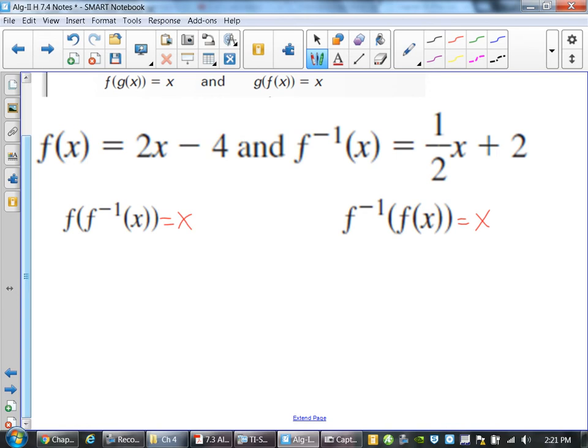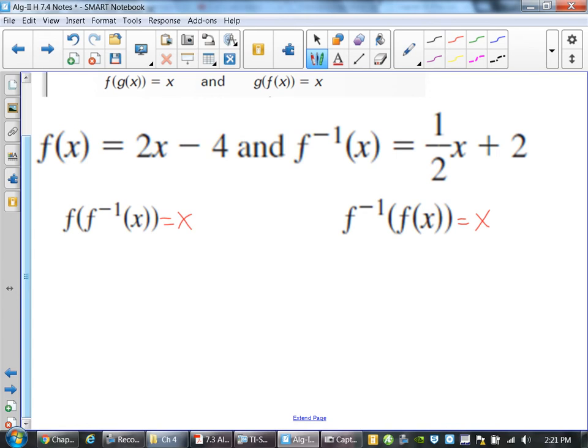What happens if one of them equals x, the other one doesn't? Well, depending upon the way the question was worded, if it says verify that they are inverses, you have to get x for both of them. If you don't, you done goofed. Whereas sometimes it'll ask you find the inverse if it does exist. And we'll talk about how you can tell whether or not something exists.